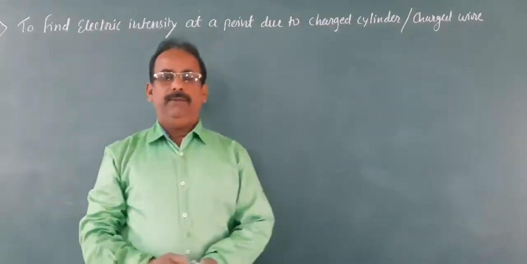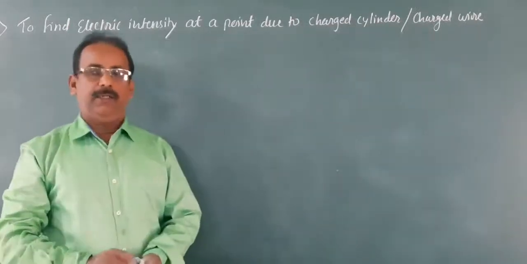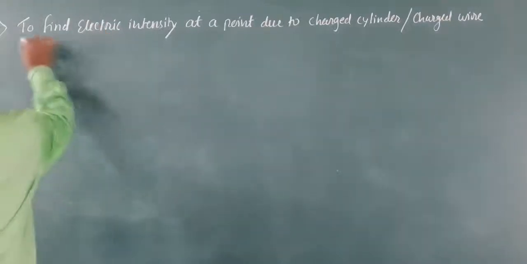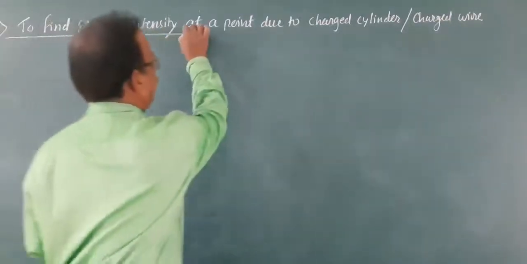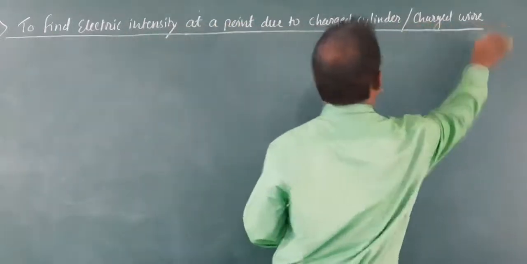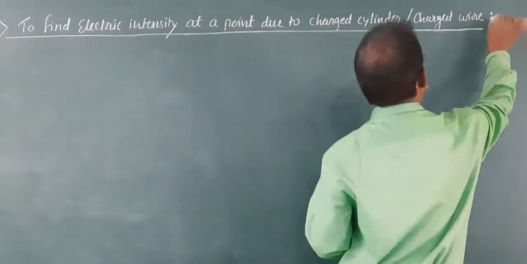Cylinder, wire, these are examples of linear conductors. We will find electric intensity at a point due to charged cylinder or due to charged wire.